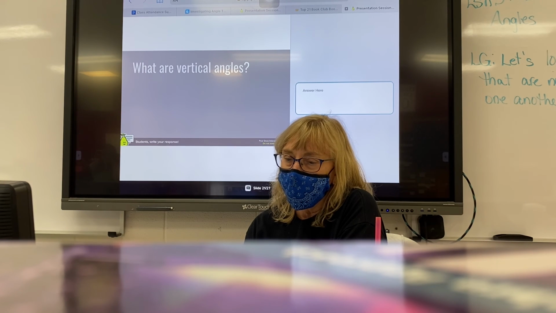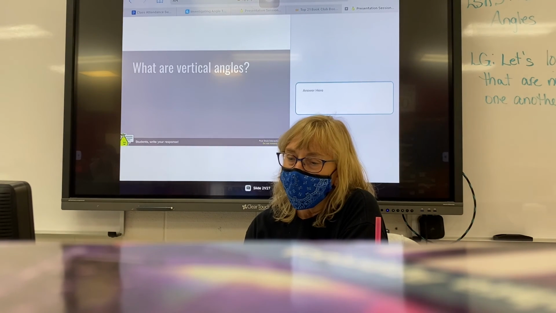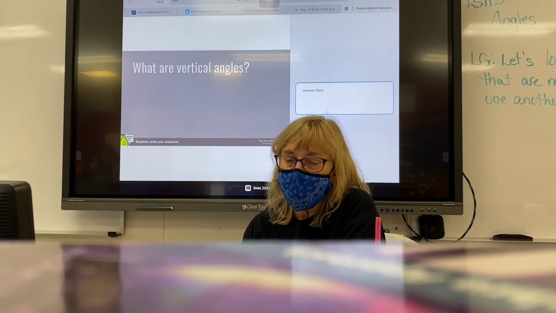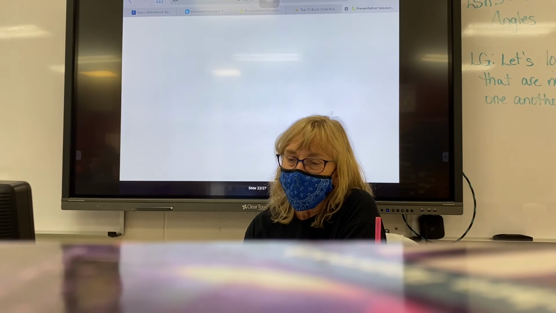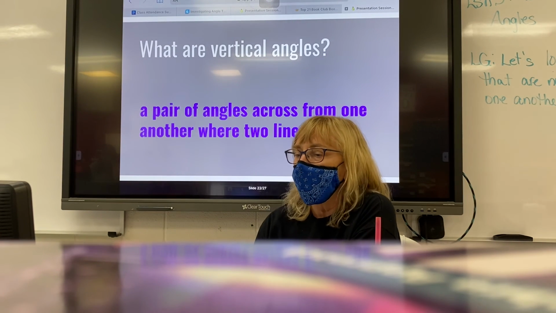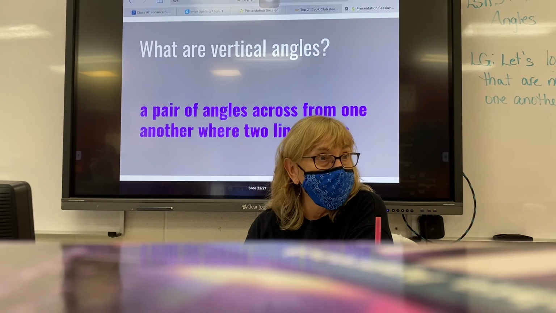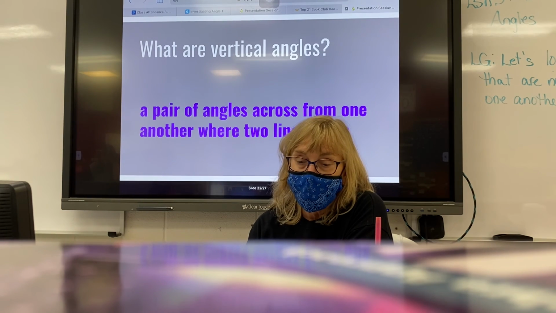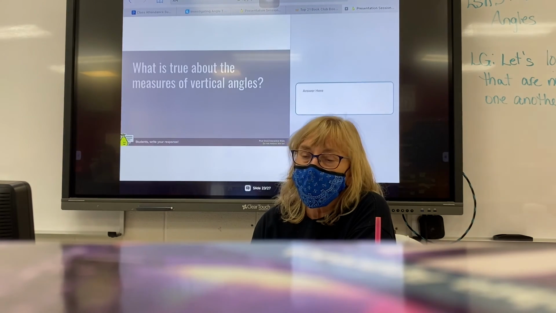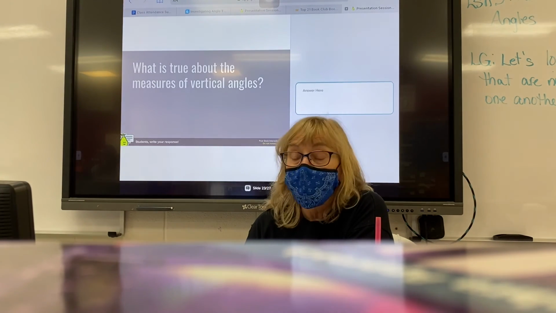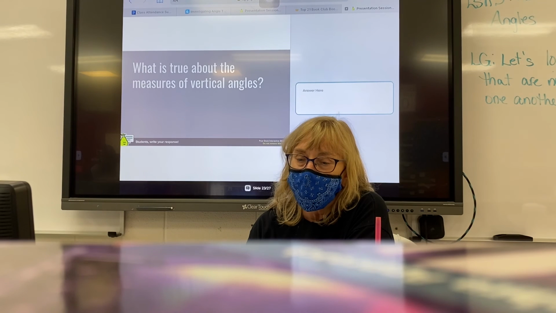Okay, good. All right, anybody need more time? You're going to get the slide deck, so you will get these definitions as well. A pair of angles across from one another where two lines cross. All right, what is true about the measures of vertical angles?